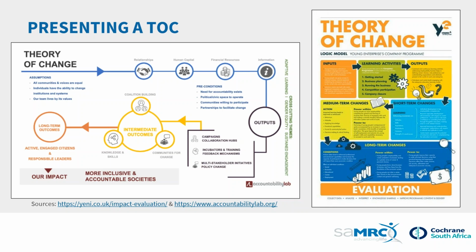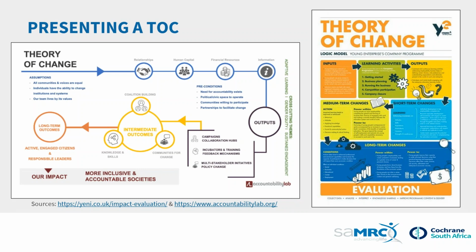So the theory of change example on the left-hand side includes information about the assumptions of the theory of change. It also presents some resulting actions, so intermediate outcomes. It includes some pictures or icons, and there's minimal text. Whereas the one on the right has a lot of text, seems more like copy and paste from the table.